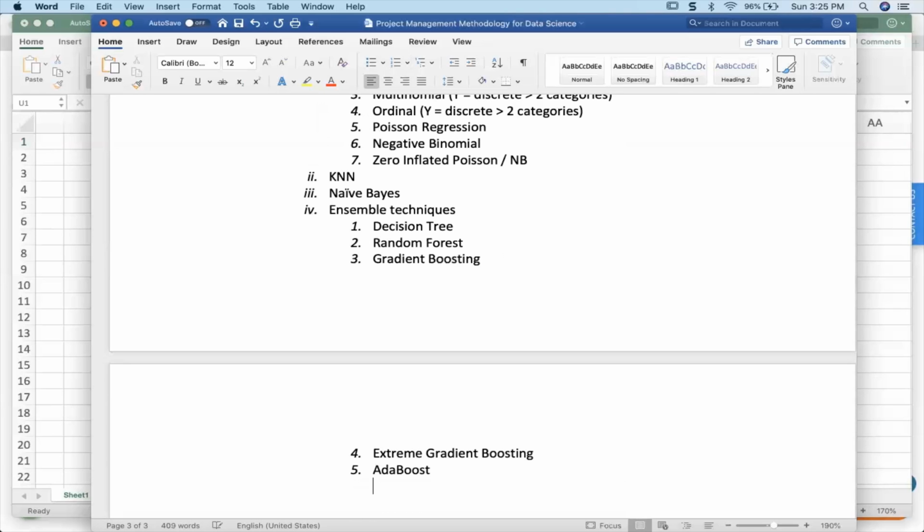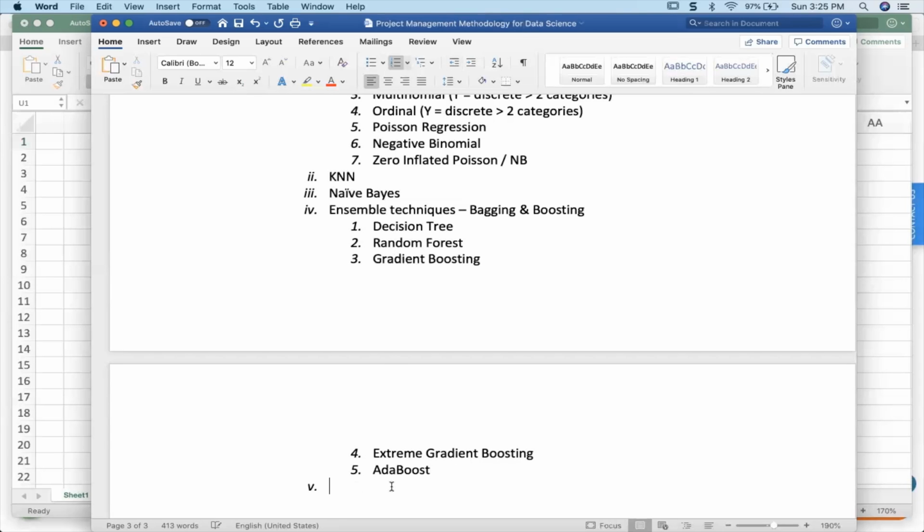All these are bagging and boosting techniques. I'm sure decision tree and random forest and ensemble were explained as part of your training, but we are going to add these three also as part of the next curriculum, guys.